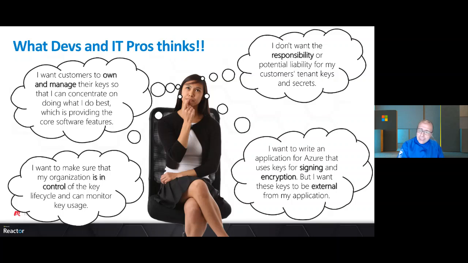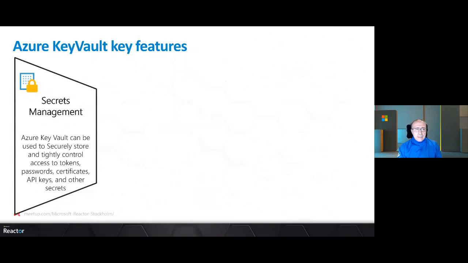Okay, so Key Vault gives you some features for that. Let's see what the features are. Secrets management. What is a secret? A secret is a string that is an important thing for our application. We don't want to share it with other people.